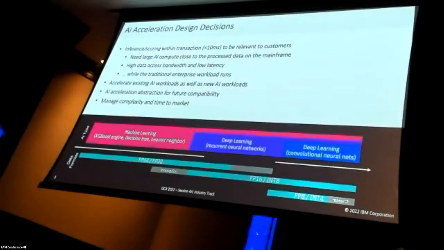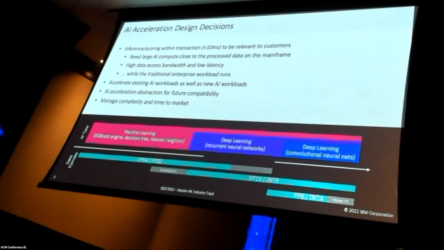And so to satisfy that, we looked to have a very large AI compute to process the inference, which is situated very close to the data, which is on the mainframe, and of course having high bandwidth and low latency to access this data. This is what guided us to go for an acceleration which was memory coherent and on chip, or inside the chip.